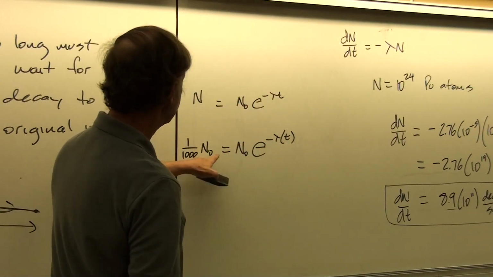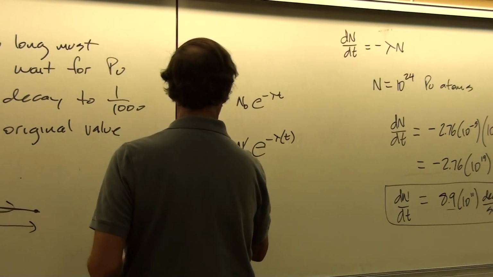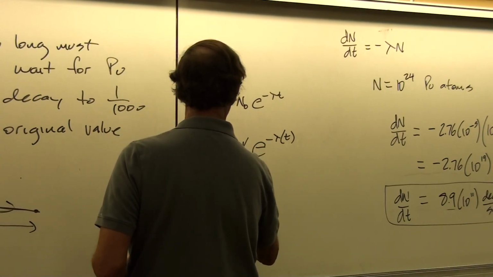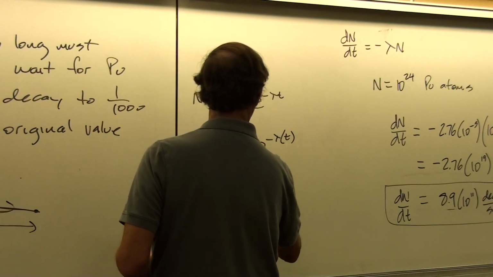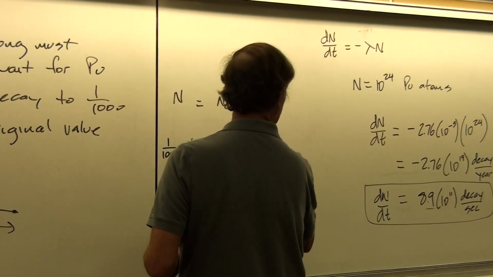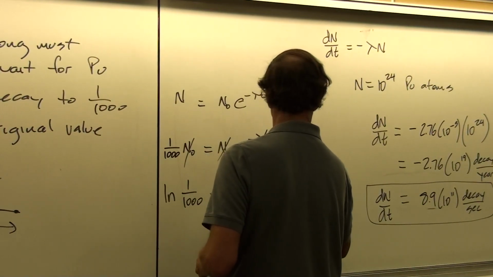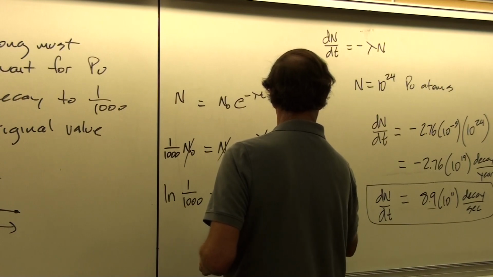So we have 1/1000th of N naught equals N naught e to the minus lambda t. So you have the log of 1/1000 equals minus lambda, which is 2.76 times 10 to the minus 5, times t.